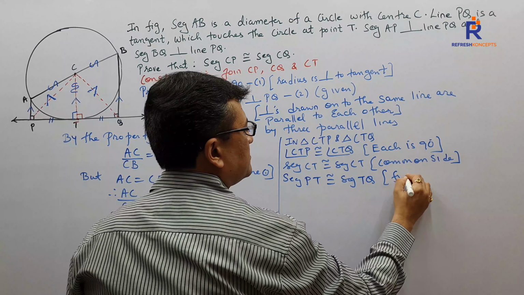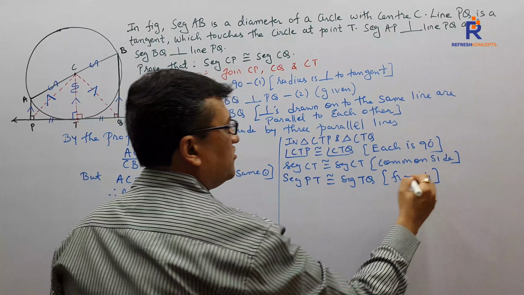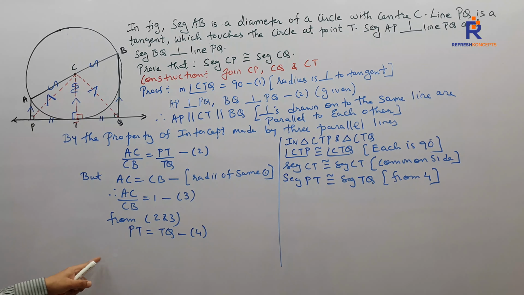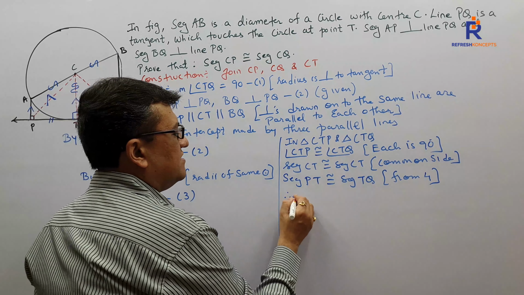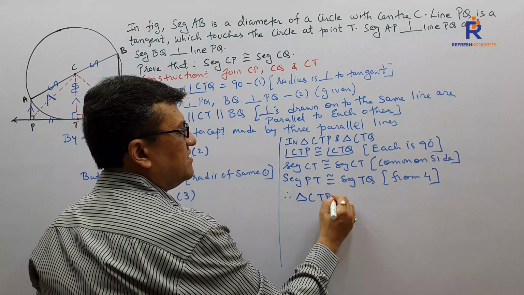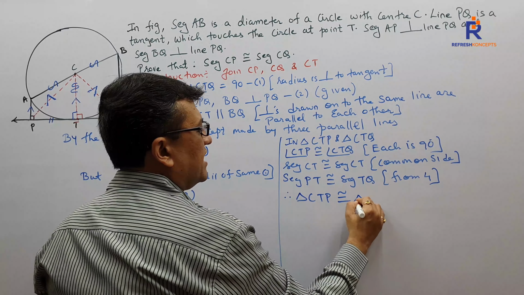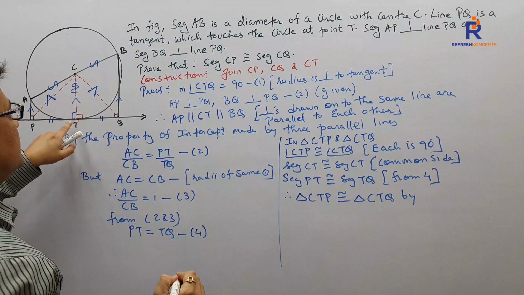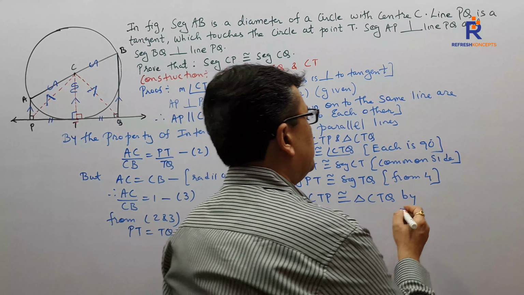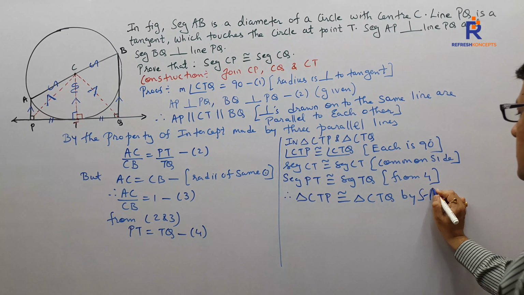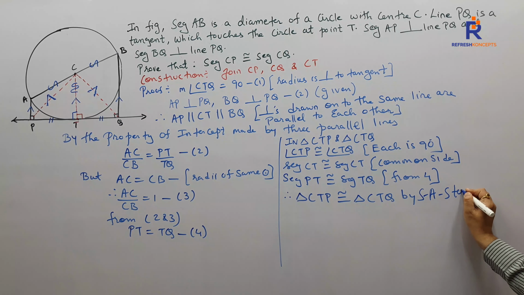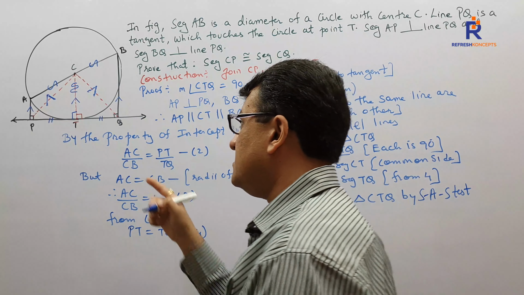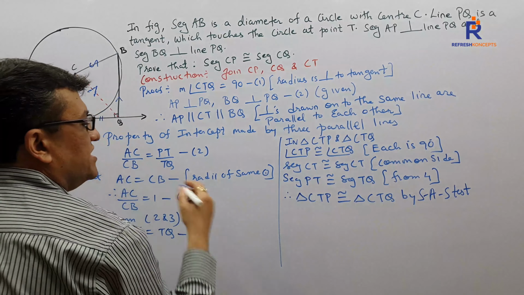From where did I get this? From equation number 4. Therefore, triangle CTP congruent to triangle CTQ by what test? SAS test. Aren't they? And once they are congruent by SAS test, can I say CP congruent to CQ?